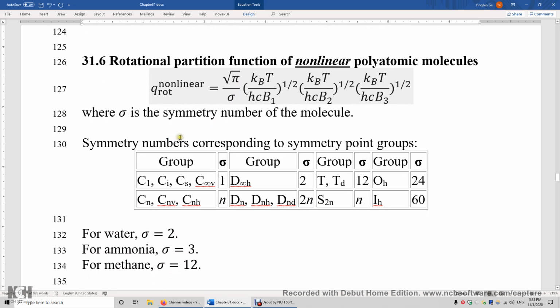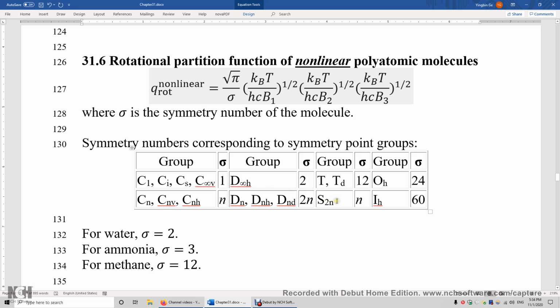The symmetry number can be determined if you know the point group of the molecule. For the C1, Ci, Cs, C infinity v point groups, sigma is 1. For Cn, Cnv, Cnh point groups, sigma is n. For the D infinity h point group, sigma is 2. For the Dn, Dnh, Dnd point groups, sigma is 2n.